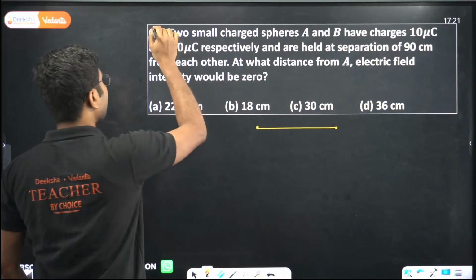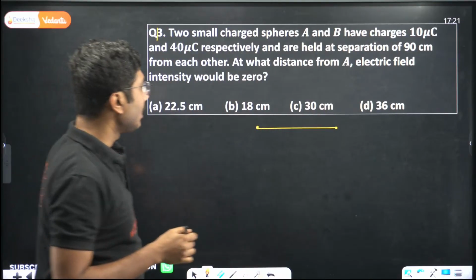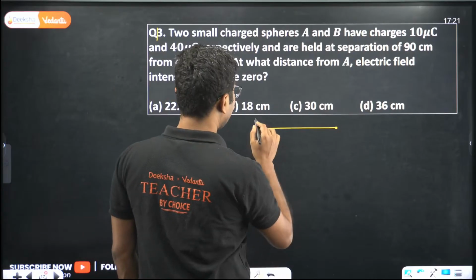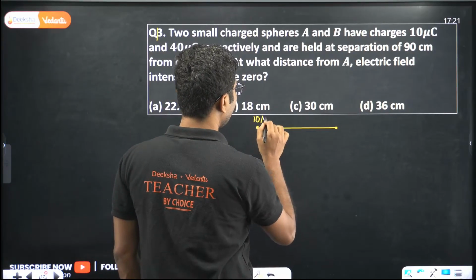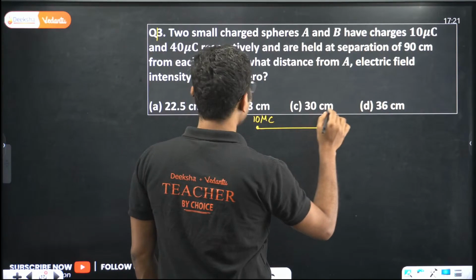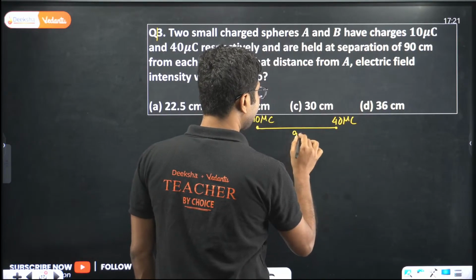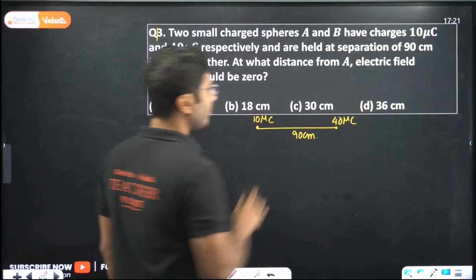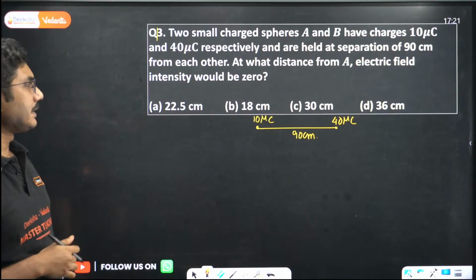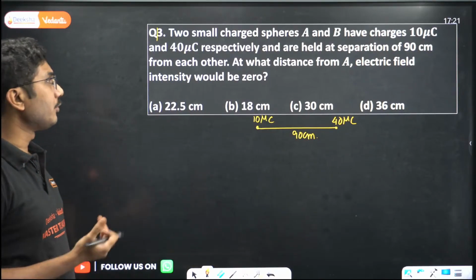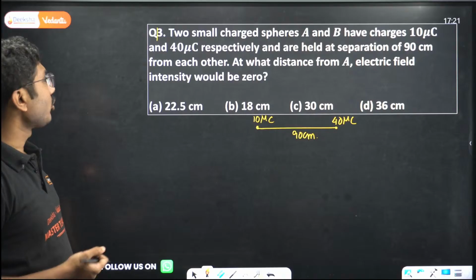Don't worry about the numbers, actually it is question number 13. I could not number it because I was a little occupied today. So 10 microcoulomb and 40 microcoulomb, the distance between them is 90 centimeter, and both of them are positive charges.